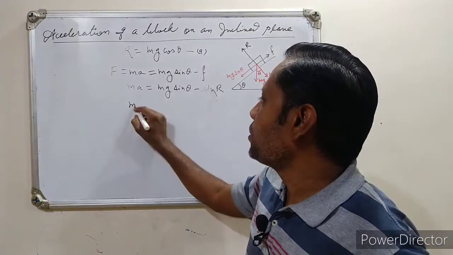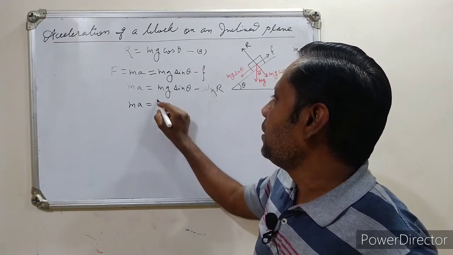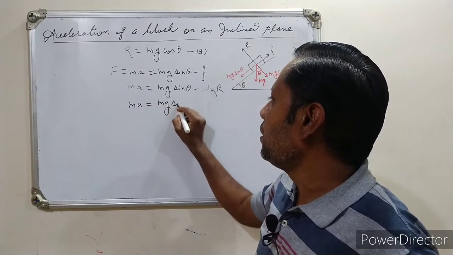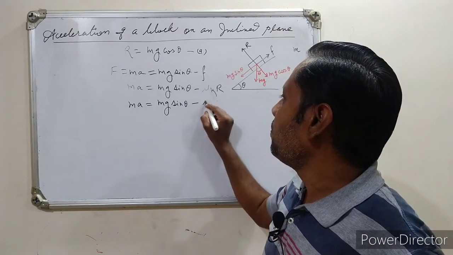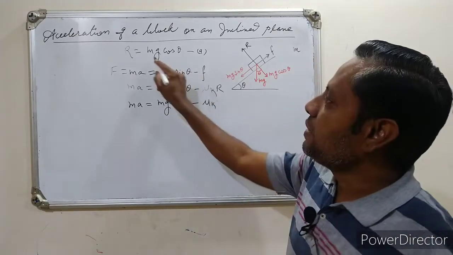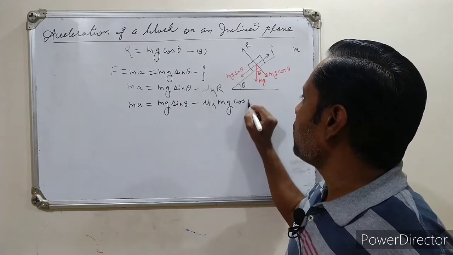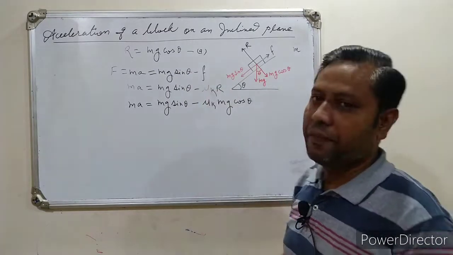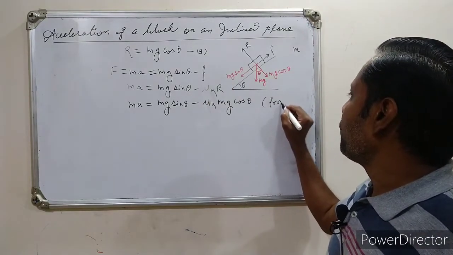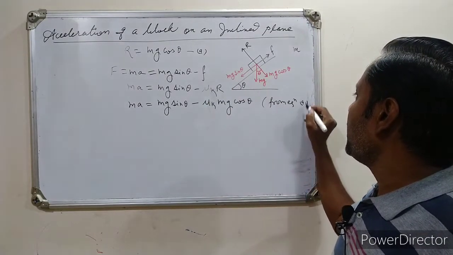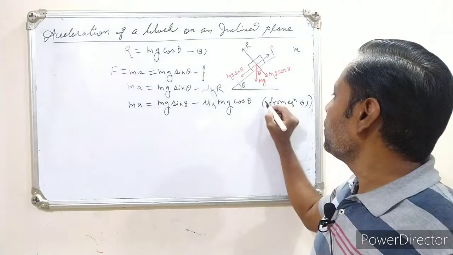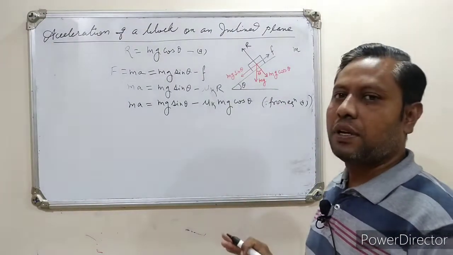So further, I can write m into a is equal to mg sin theta minus mu k, and this R is nothing but mg cos theta from equation A. I will write here: from equation A. You can see it here. This is the reason for this equation.